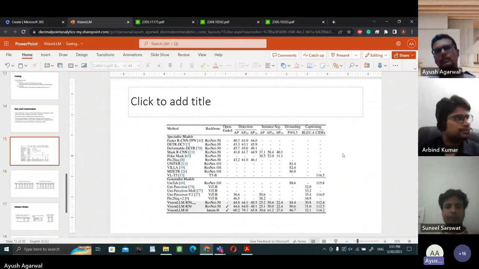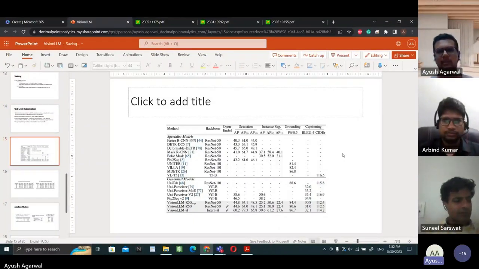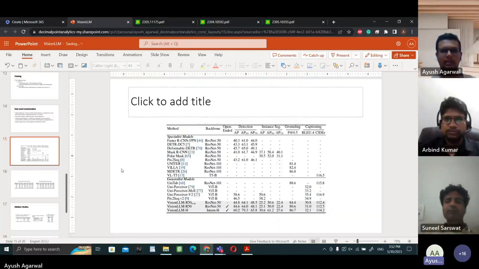But in visual question answering, there could be a chance of hallucination, and in captioning as well. In detection, I don't think there would be hallucination. But we can only tell when we actually try it. The GitHub repo for this is there, but they have not yet released the model and the demo.